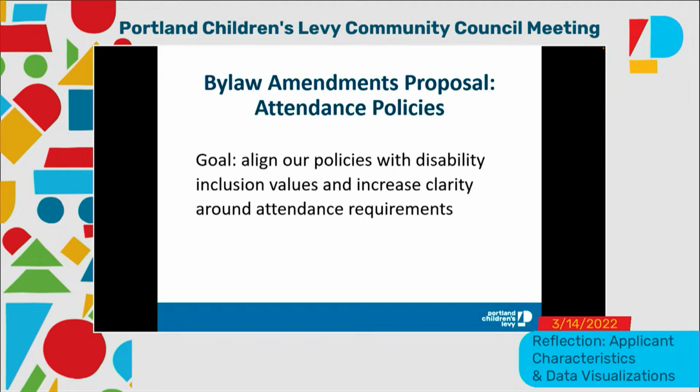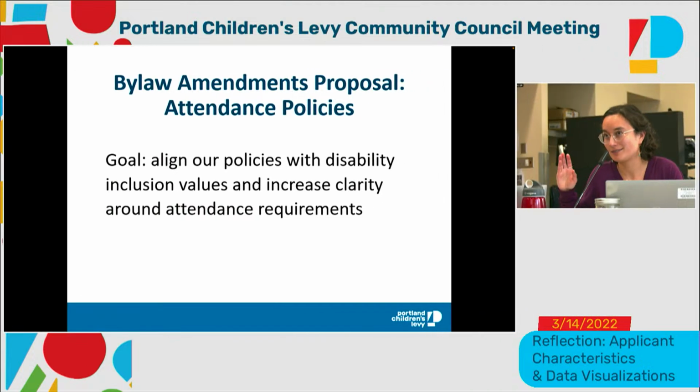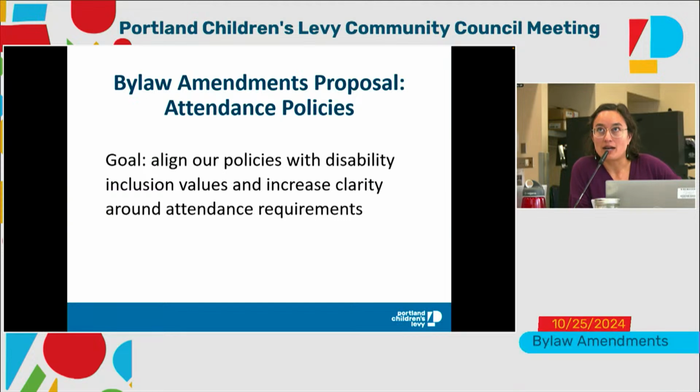Okay, so we are going to do a really big pivot. We're going to go to the community council bylaws. For a little bit of context, staff wanted to propose an amendment to the attendance requirements outlined in the community council bylaws, with the goal of aligning our policies with disability inclusion values and also to increase clarity around attendance requirements.